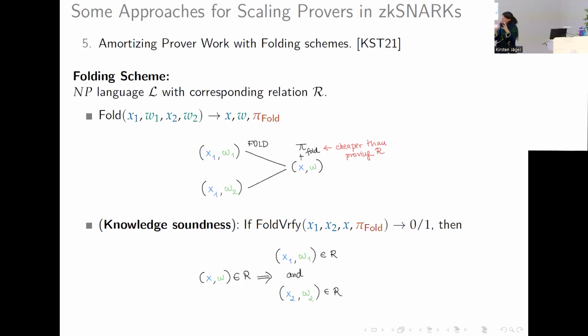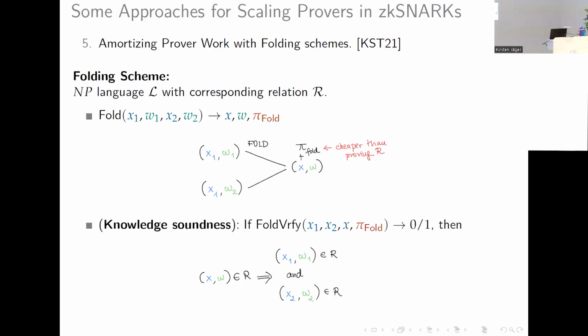What's the nice thing here is that when you create this combination that collapses the two instances into a single instance, that's quite fast to verify. That doesn't cost you a lot of effort to verify, and it's also cheap for the prover.